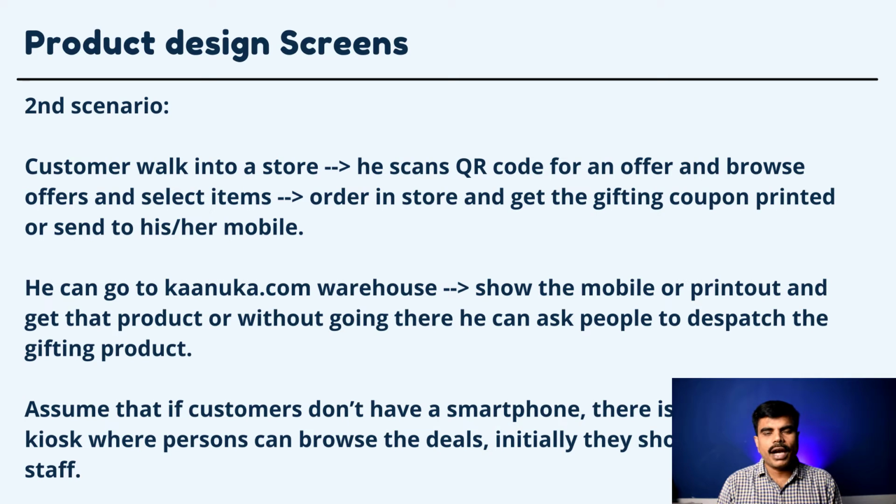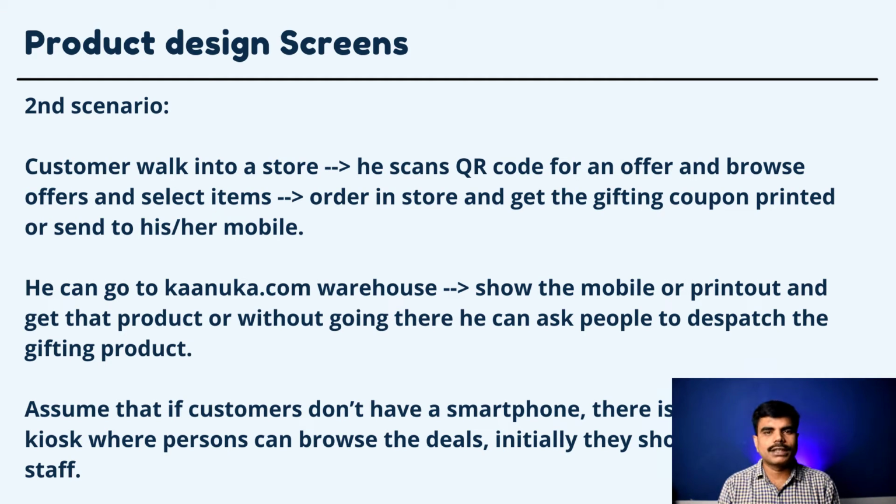And the next and second scenario is the customer walking directly into the store. Assume that there are many people who still don't have a smartphone, and still they don't know how to go online and buy items online. So for that reason, we have to give extra flexibility for the users.